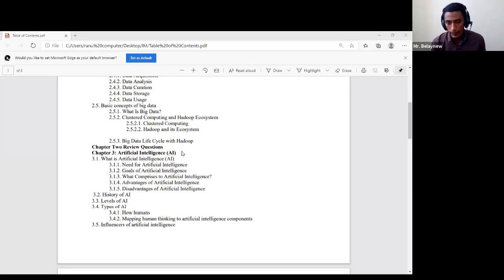For example, a user of a bank or a user of different businesses, okay? So the main advantage is reducing the time requirement to perform different functionality and increasing accuracy.